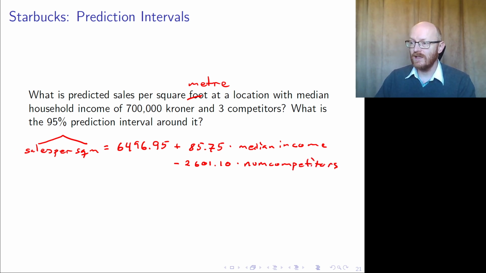So that's our fitted line, and if we just add some numbers, we get 6,496.95 plus 85.75, and this is in kroners per thousand median income.